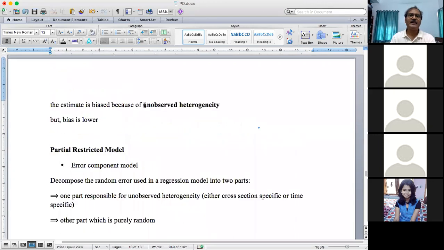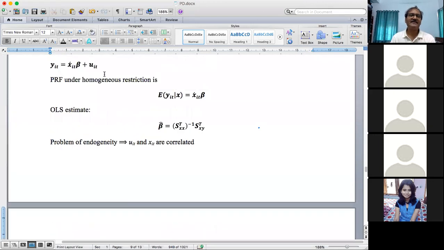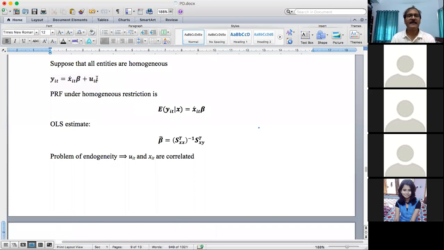Error means the random error used in a linear regression model, U. In this random error, there are a lot of factors present, and all of them are unobserved. So in U, the random disturbance, we are considering those factors which are unobserved but which have some possible effect on Y. So they are clubbed together in the random disturbance term.